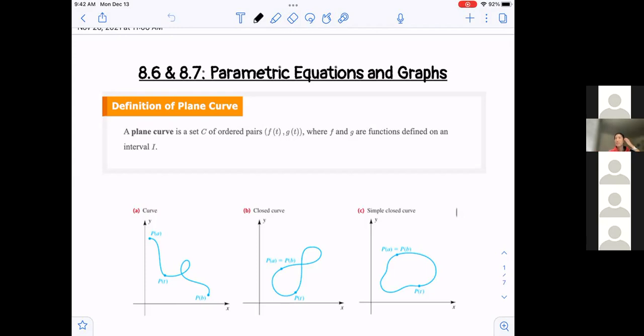Okay. And I noticed that some of you wrote about the polar and parametric being used in calculus. And for sure, in calculus, mostly in Calc 2, you get to see, oh, what about the slope of these different points, or how much area is inside of this shape? And those are questions that you get to answer. Okay. And so all of that to say, today we're going to be learning about parametric equations and graphs. All right.